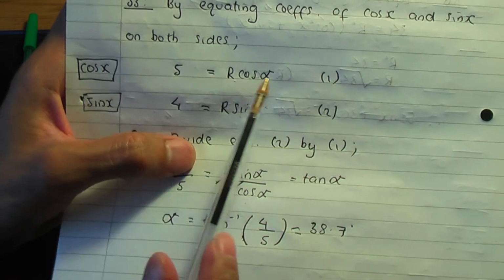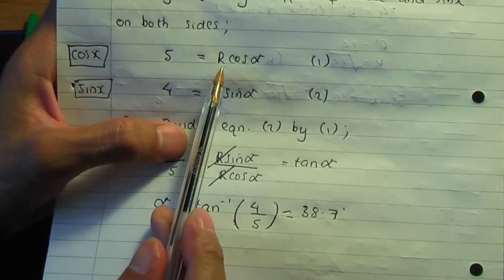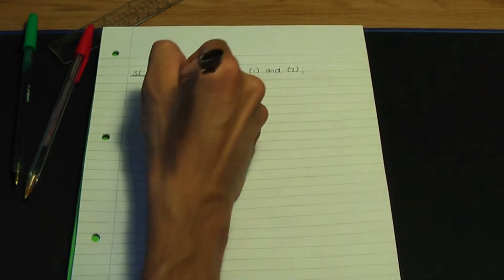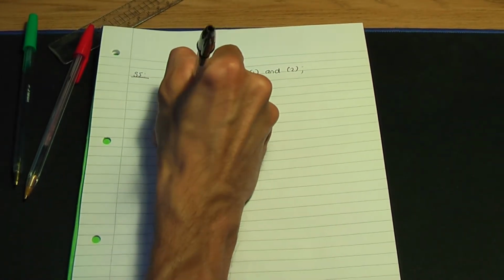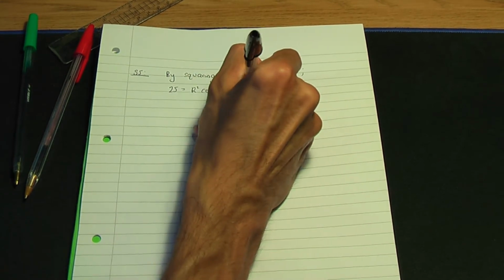If I square on both sides, 5 squared, 25, is equal to r squared cos squared alpha. Let me call that equation 3.